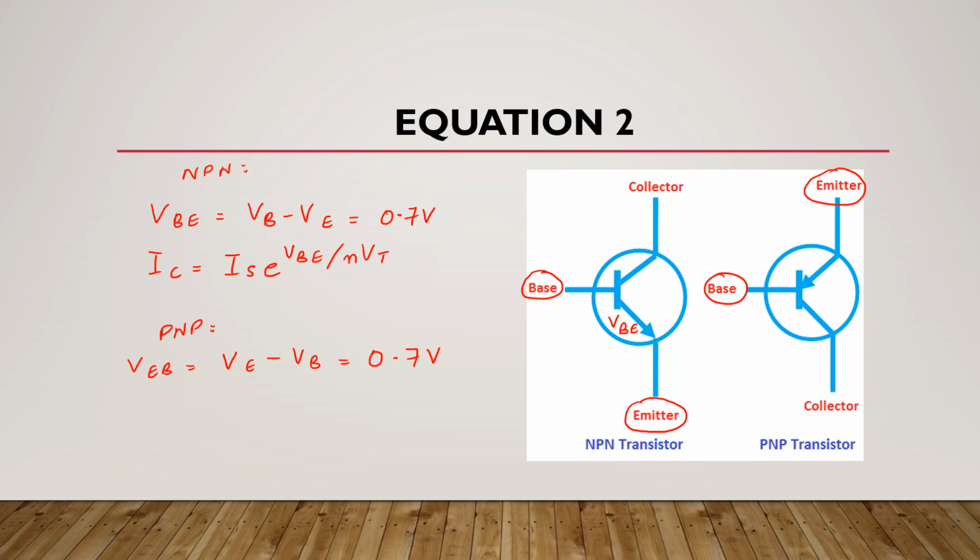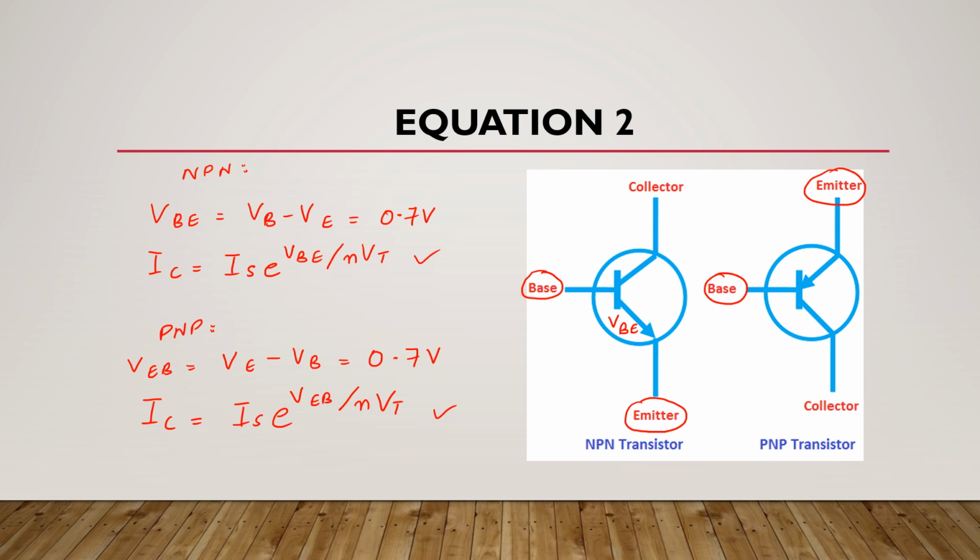And in this case, the equation of collector current will be IC is equal to IS e raised to the power VEB divided by NVT. So this is the equation of collector current in case of a PNP transistor, and the earlier one is the equation of collector current in case of an NPN transistor.